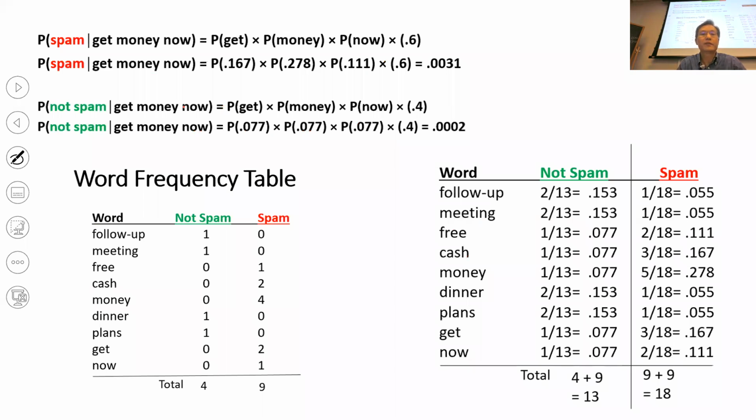So if you have time, you can go through this table and try to see how these different pieces, these fragments of probability, are put together to compute this posterior probability.